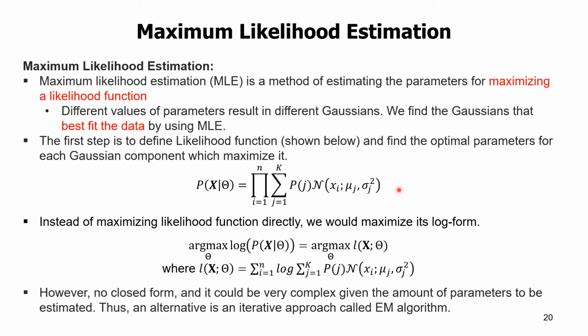The probability that the entire data is generated from this is equal to the probability that x1 is generated times the probability that x2 is generated times, etc., all the way to the probability that data xn is generated.